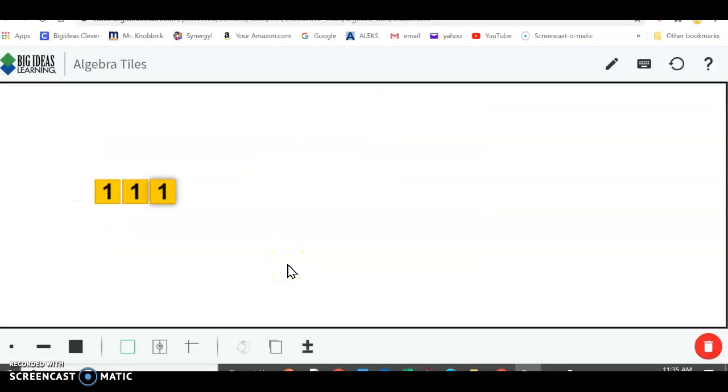Alright, so we got 3 positives. So how can I take away 8 positives? Well, I need some 0 pairs. I only have 3 positives. So I need to go ahead and add some 0 pairs. There's 1, 2. So there's a 0 pair, and you can always hit copy.